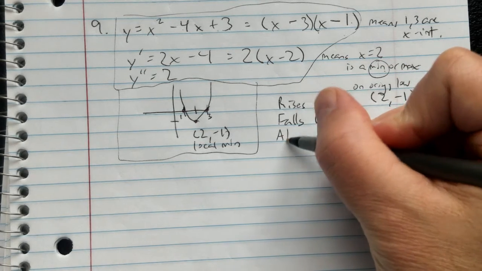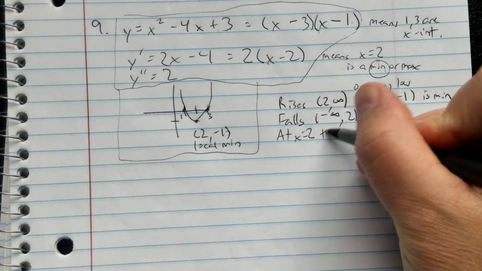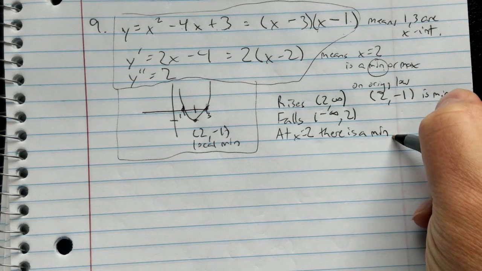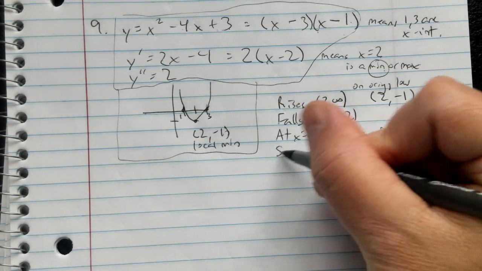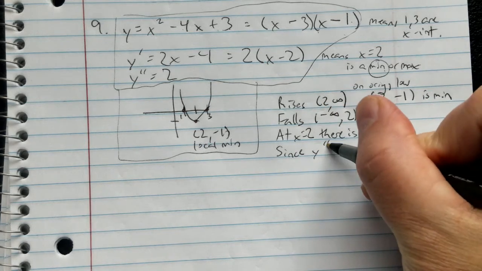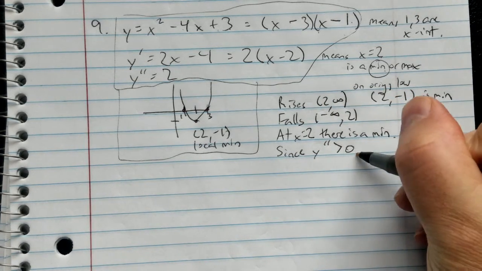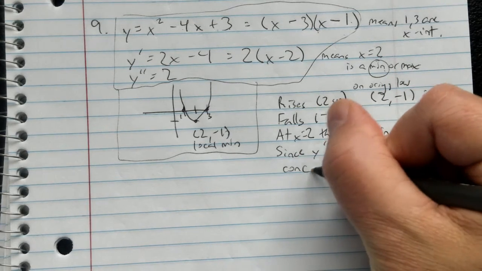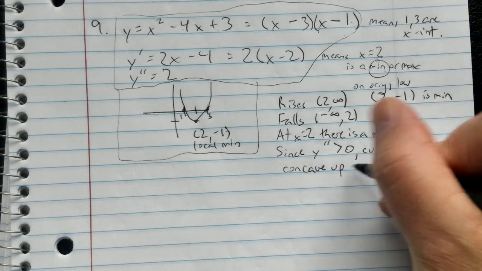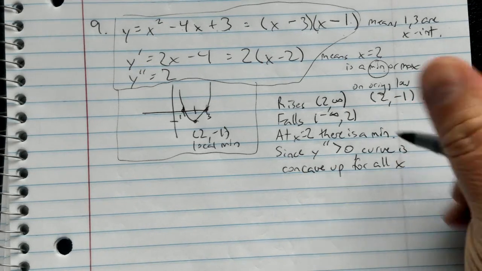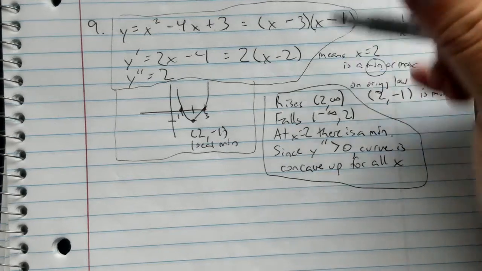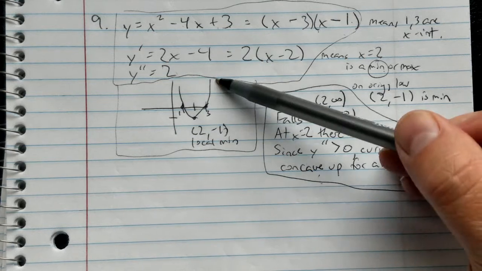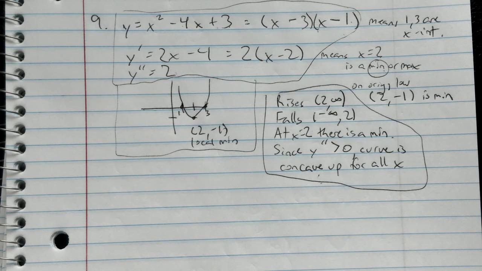And at x equals 2, there is a minimum. And since y double prime is greater than 0, the curve is concave up for all x. So we got positive 2, and so it's concave up, which is like that. So that's number 9.